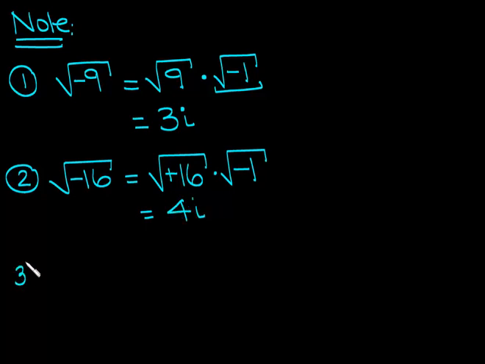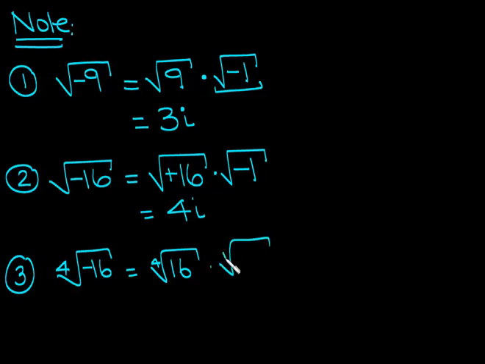Now let's go back to the problem that I was talking about earlier, which was the fourth root of -16. So we get the fourth root of 16 times the fourth root of -1. But what is the fourth root of -1? We don't know that. This one's a little bit harder to do, but it will still result in complex numbers.